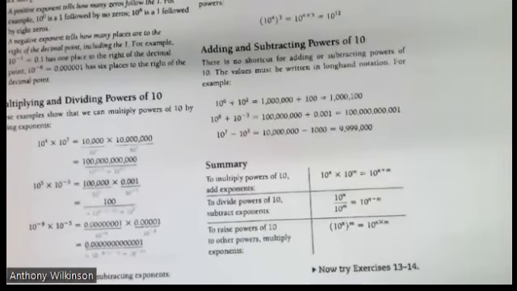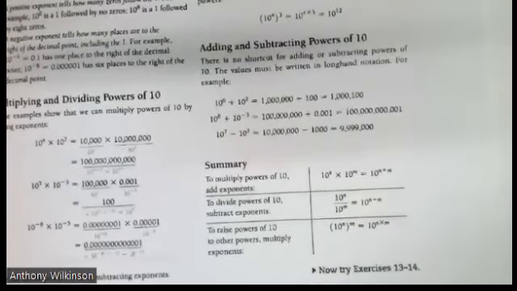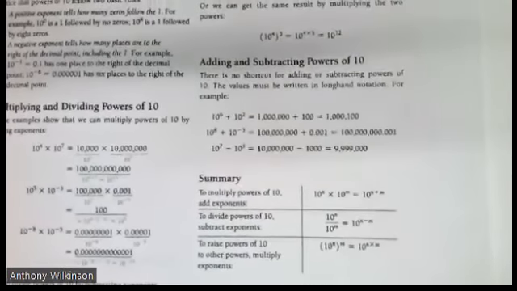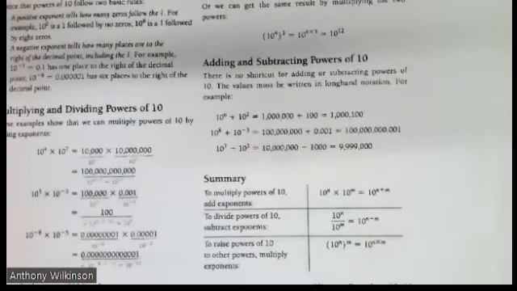And then to raise powers of 10 to other powers, you just multiply your exponents. In this case here, 10 to the n raised to the m, bring the base over of 10, and then multiply n and m together.